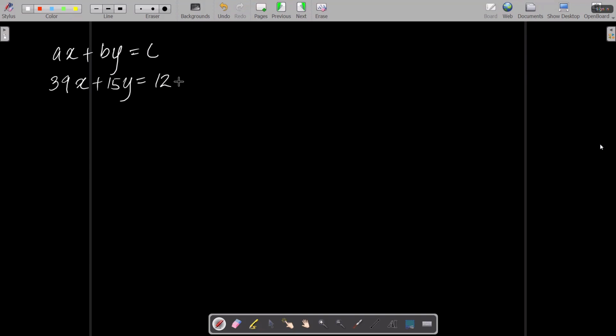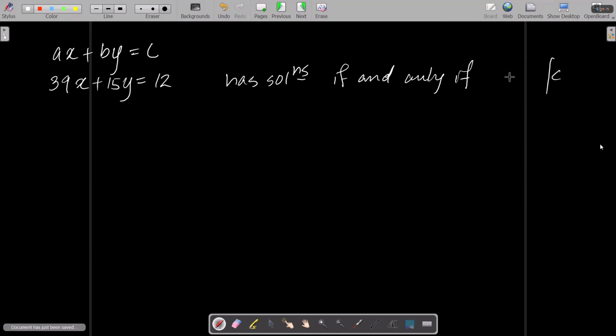And this is clear. Okay. So this has solutions if and only if C is a multiple of GCD(A, B), like this.